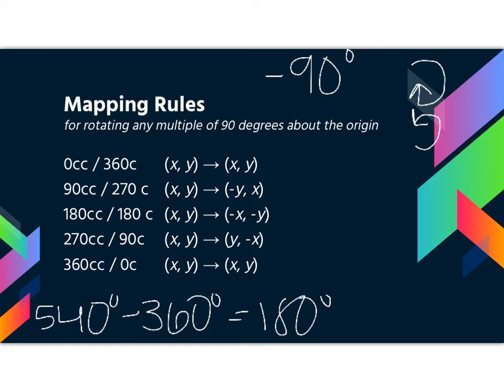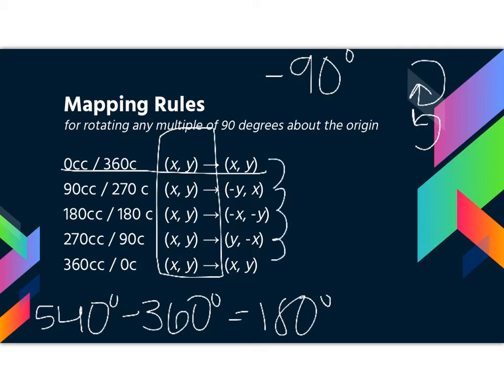Also, we want to talk about how you can remember the rules. So if you start here with 0 degrees counterclockwise, it makes sense that your mapping rule is (x, y) goes to (x, y) because you're not even really rotating, right? So those points should stay in the same location. Also, mapping rules always start with (x, y) goes to, and so you can always write those rules. And what's interesting is the relationship between the pre-image values. We take (x, y), change their position, and change the sign of the first one.